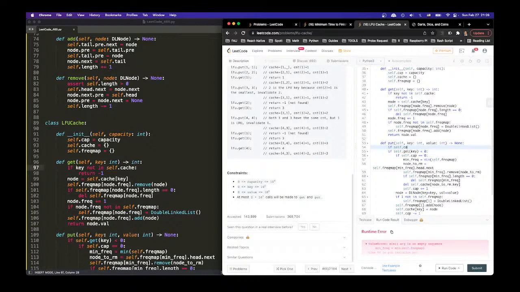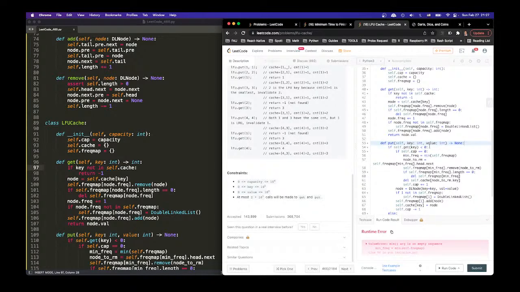If self.capacity is 0, and then if nothing is in the frequency map, okay, so that's the thing.